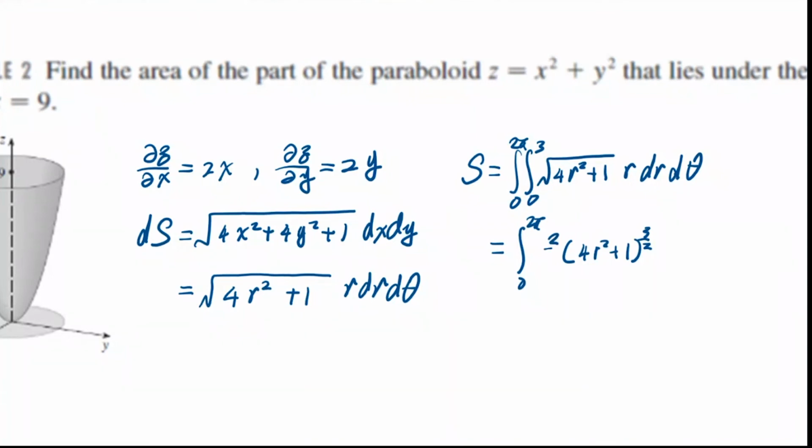So I put 2/3 for the time being. Now I differentiate this. If I differentiate, that comes down and cancels this, but I have a chain rule to worry about. I'm going to pick up 8r dr. So I'm missing that 8, so I need to adjust it by putting 1/8 right here.